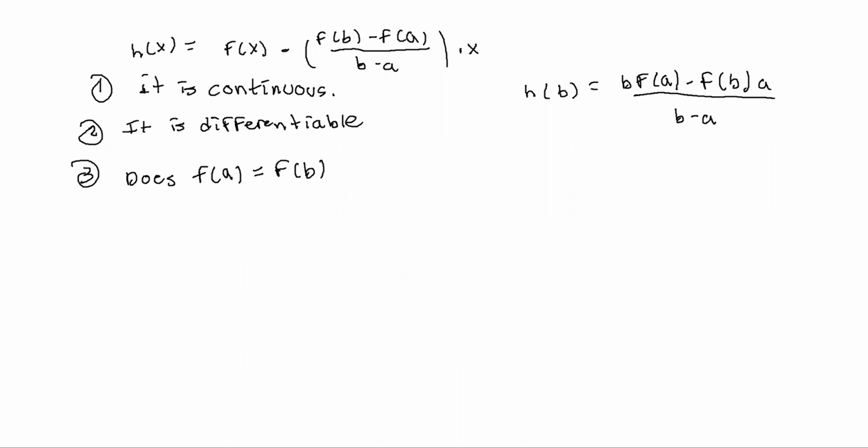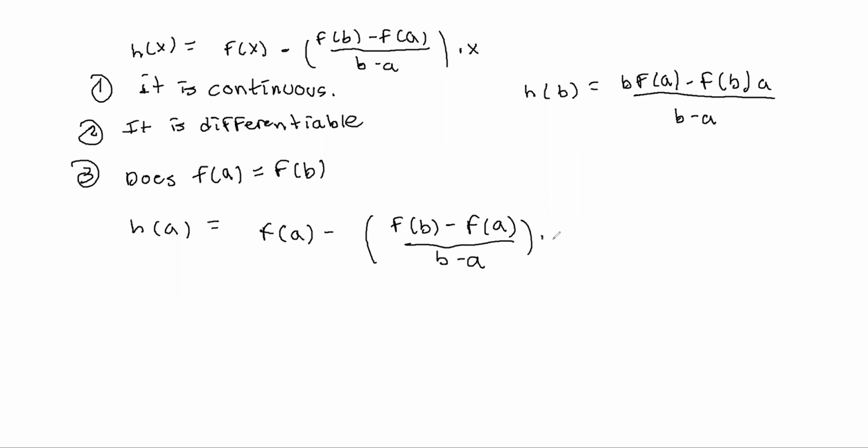Okay, so let's see, h of a is equal to f of a minus f of b minus f of a over b minus a times a.